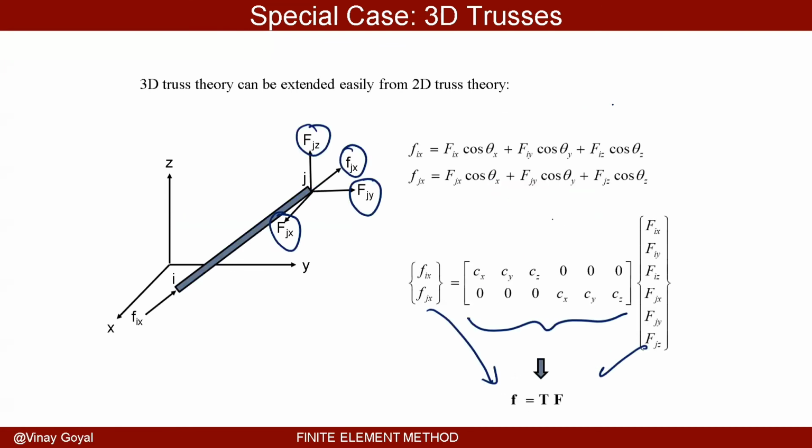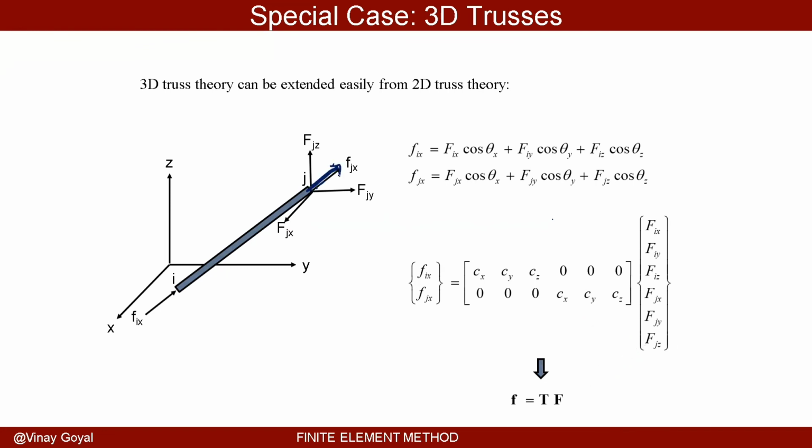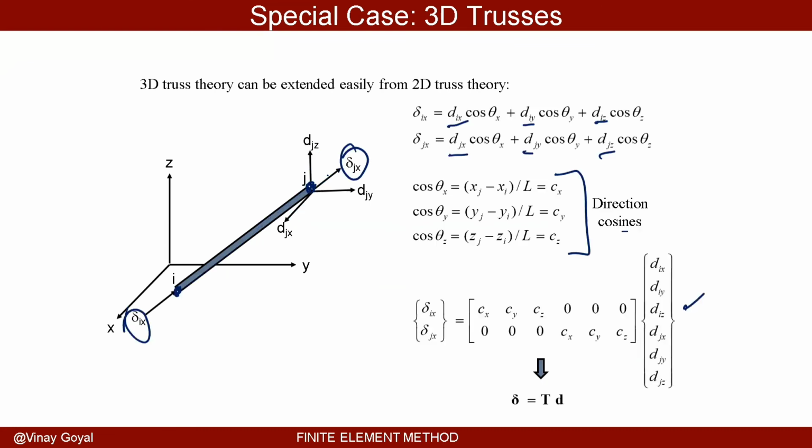We took that force that's aligned with the element, because that's the only force that can act in a truss, and we decompose that into the global forces using the direction cosines of that force. I know how that force is oriented because it's along the bar, and you know how the bar is oriented. So you can then calculate these direction cosines.